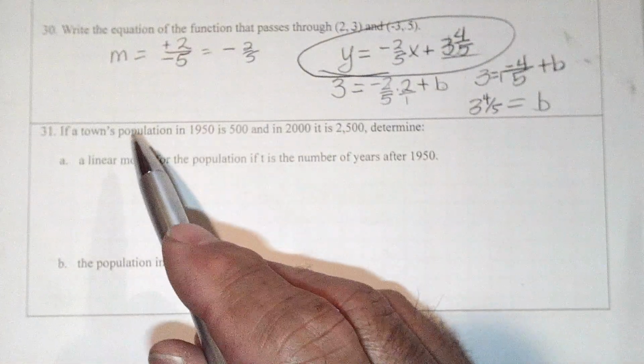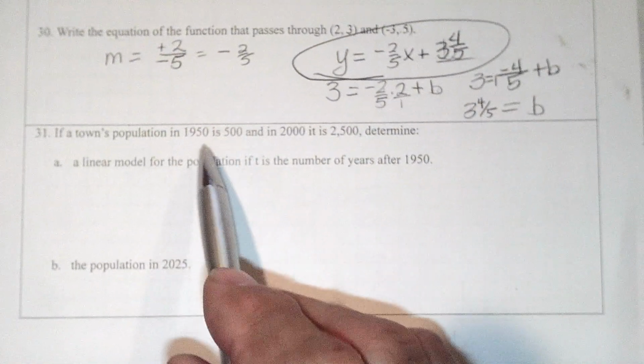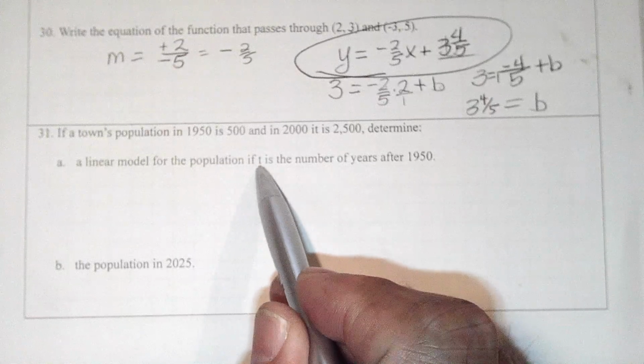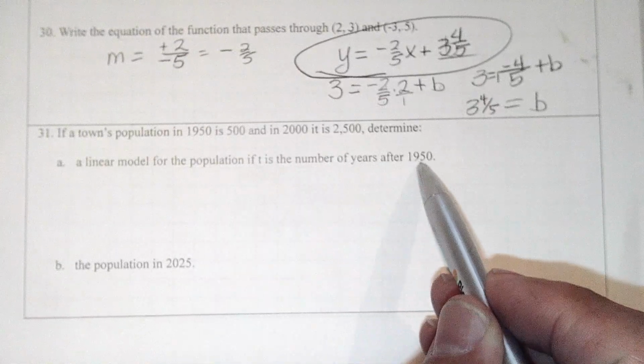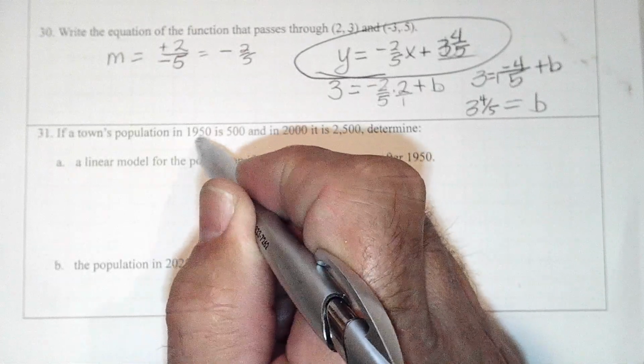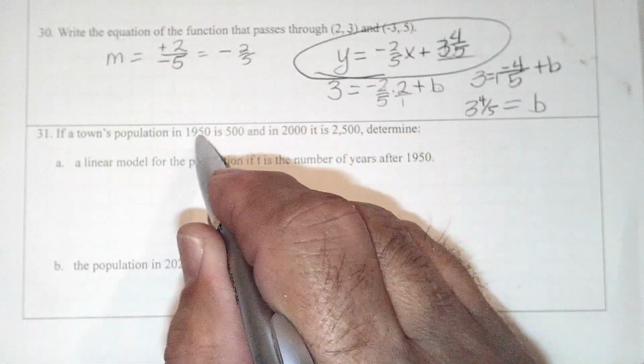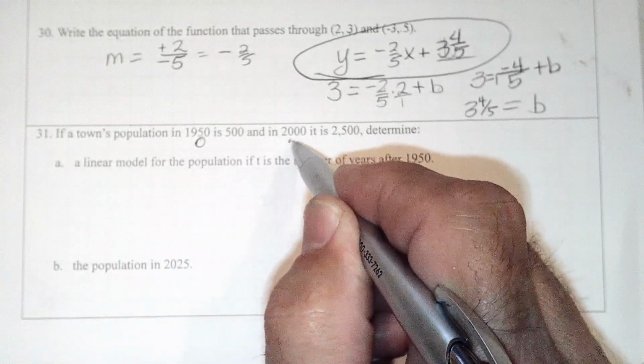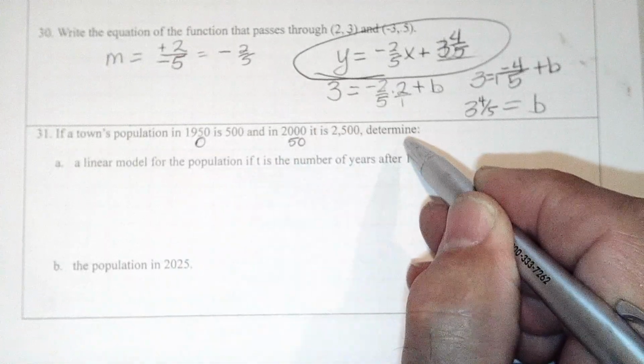Okay, number 31. So if t is the number of years after 1950, then t would be 0 at 1950, and 2000 would be t equal 50.